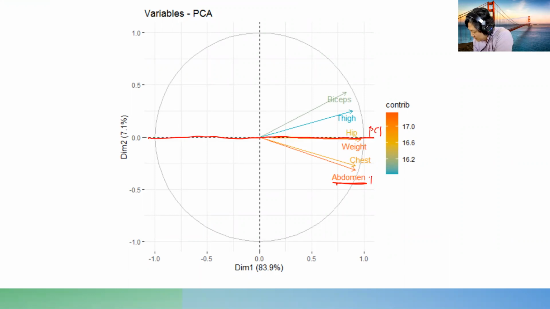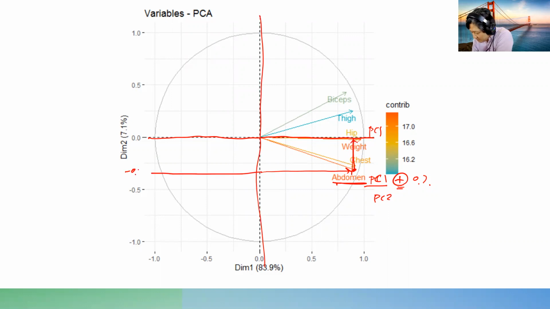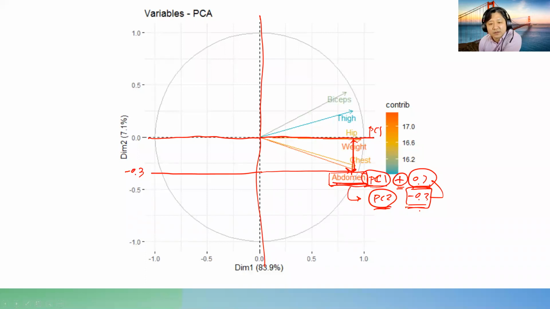Its PC1 score is positive, maybe 0.7 or something, let's say 0.7. What about the PC2? Its PC2 score is maybe negative 0.3, right? Which means that this variable has a positive relationship with PC1 and a negative relationship with PC2. These values are the magnitude of the relationships.